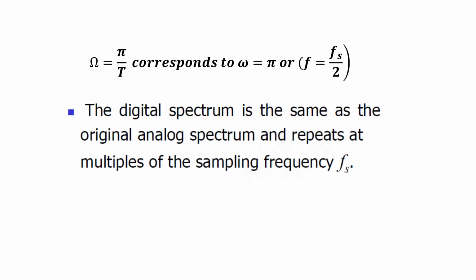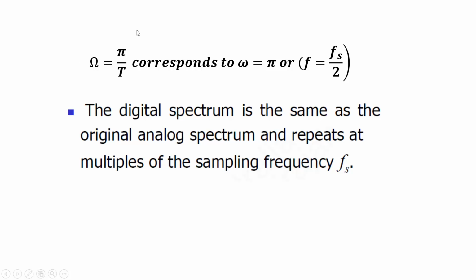Now let's take the second case. This is big omega equal to pi by T. This is the derivation explanation I have given to you. Actually, big omega equal to pi by capital T corresponds to small omega equal to pi, or f equal to Fs by 2. Very easy to derive.